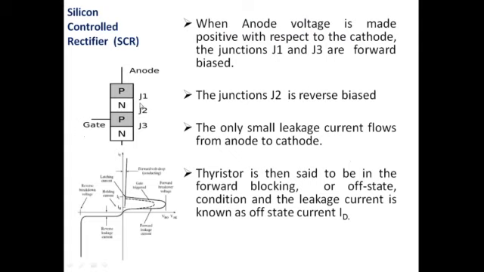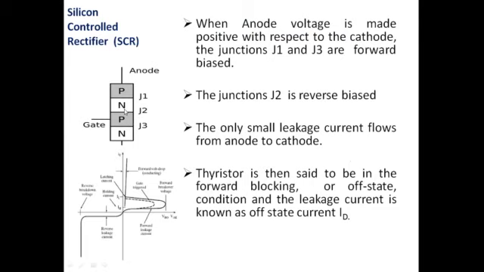So in one word I can say that when you apply more and more voltage to anode and cathode with the gate open, this junction J2 is acting like it has more and more reverse voltage applied. So junction J2 breakdown happens. Which breakdown? Avalanche breakdown happens in junction J2.